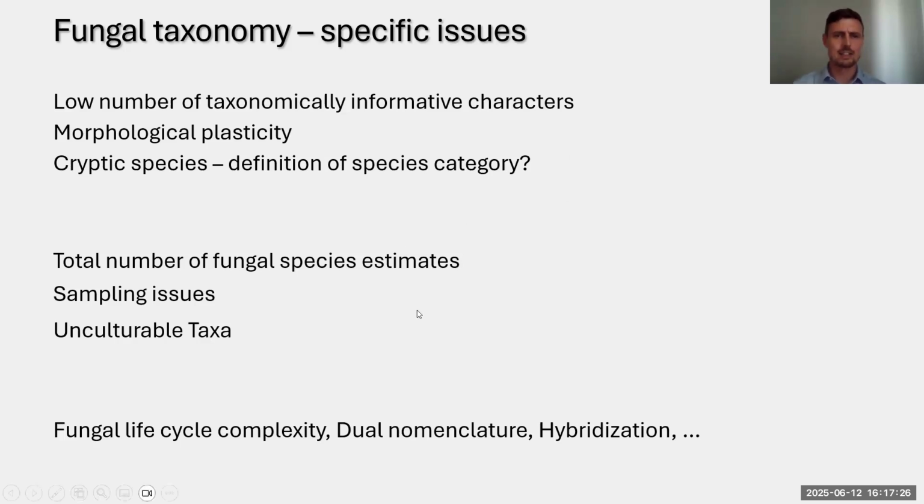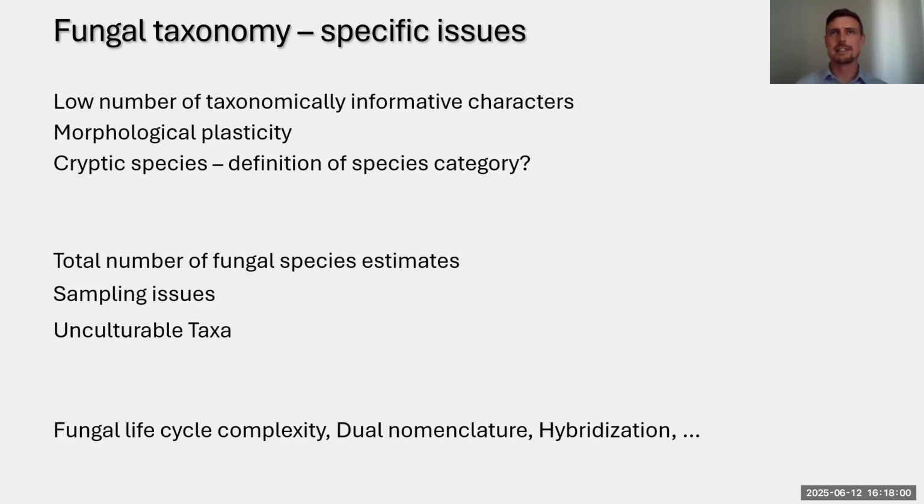And the second cluster concerns the sampling issues with fungi, and by this I mean the fact that if we want to sample specific species or a specific section of some genus or even a genus, it's not a straightforward task with fungi, mainly with microscopic ones, but I think with fungi in general.